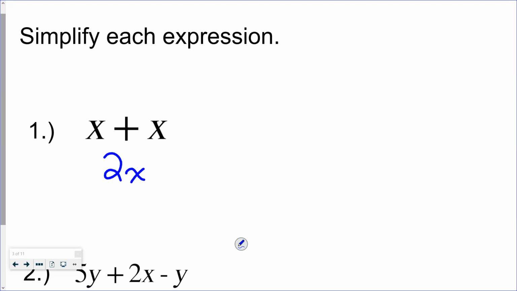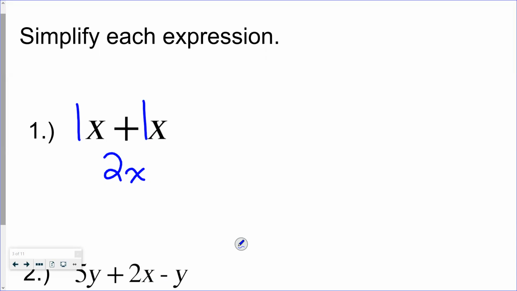Now, as you can see here, each one of these x's are by themselves. They do actually have a coefficient, and a coefficient is what is in front of the variable. They both have a coefficient of 1 in front of them, all right? So this is 1x plus 1x. That's why we get 2x.